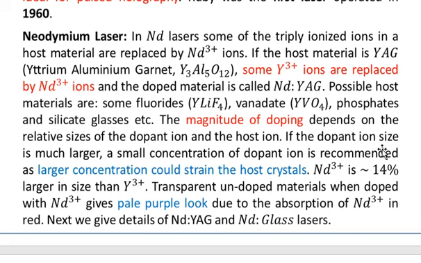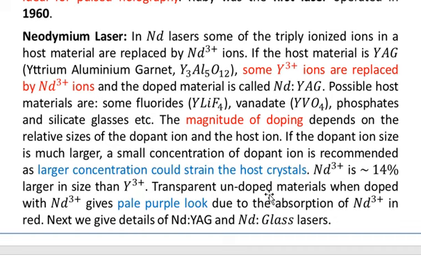If the dopant ion's size is much larger, a small concentration of dopant ion is recommended, as large concentration could strain the host crystals. Nd3+ ion is nearly 14% larger in size than the Y3+ ion.